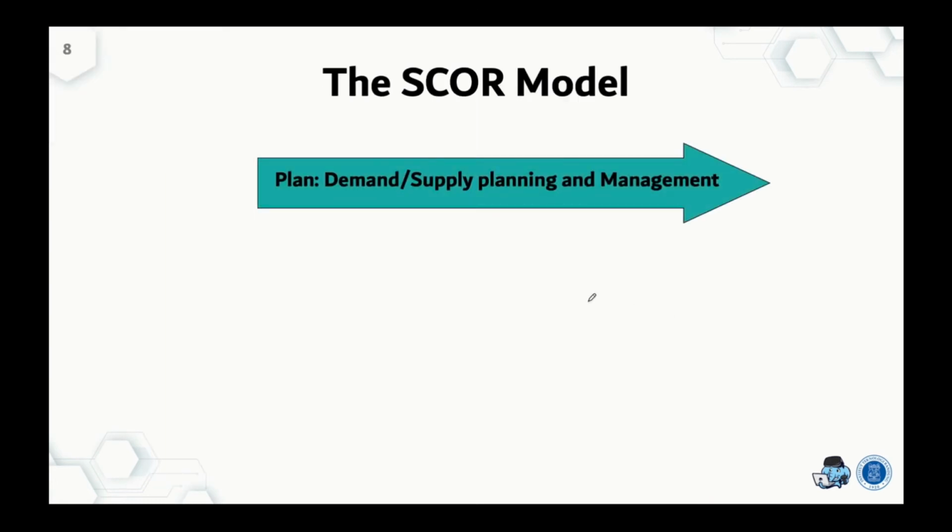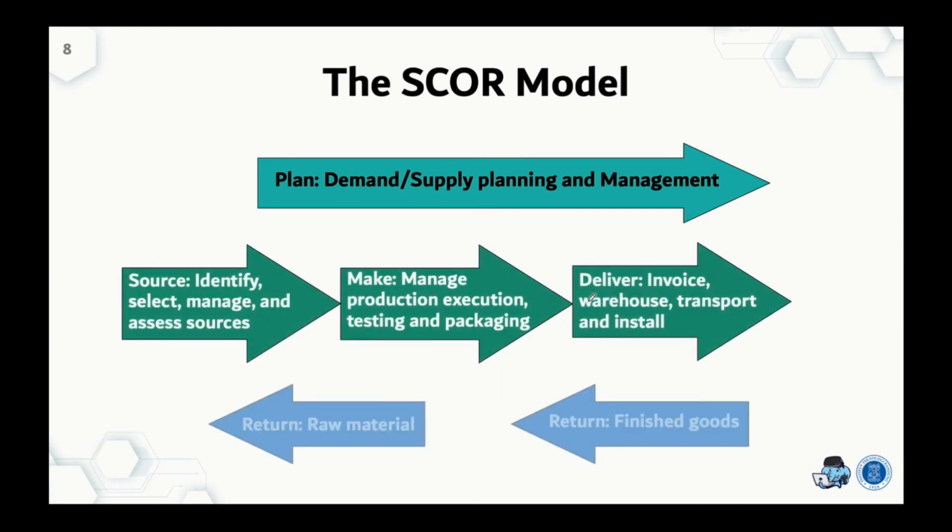There is a famous model that we call the SCOR model. The SCOR model consists of many measures of the efficiency and effectiveness of the supply chain. This model is simply like this. We have sourcing, make, and deliver.